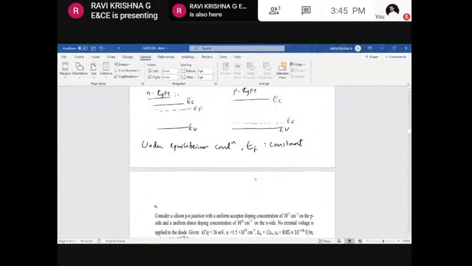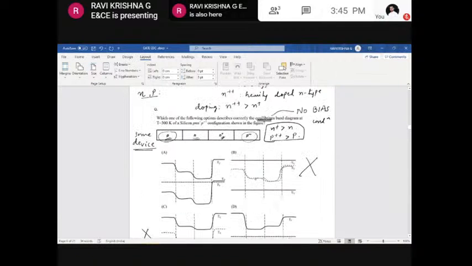If I consider the heavily doped P-type semiconductor region, the Fermi level will be below the valence band. Whenever we dope that P-type semiconductor or silicon material heavily, the Fermi level will be below the valence band. If we dope moderately with acceptor atoms, then the Fermi level will be nearer to the valence band, just above the valence band.